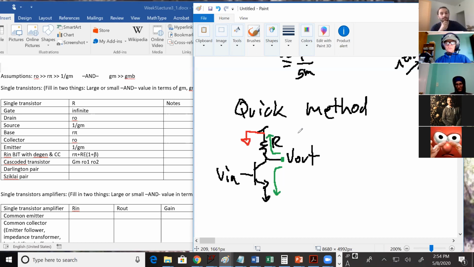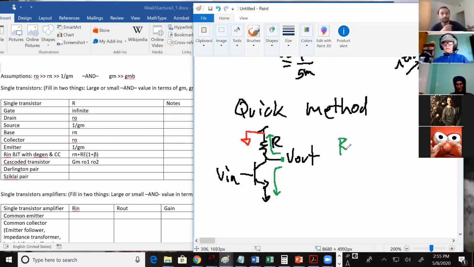Okay, so I'm going to try to figure out my R out here. So R out. Looking up, what kind of resistance do I see? R. And I know that's in parallel with the other path to ground. If I look down, what terminal of the transistor do I hit?